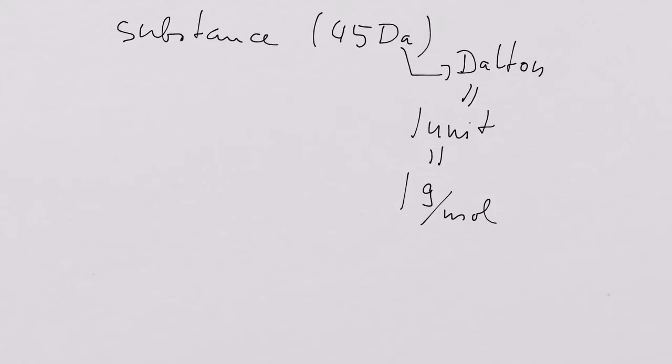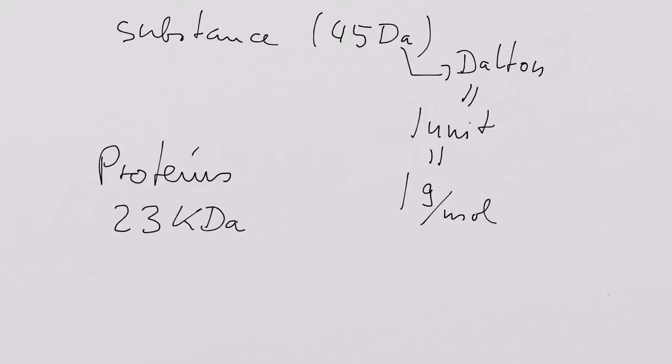But when it comes to big molecules like proteins, we will find that it's very common to indicate that this protein is, let's say, 23 kilodalton protein. You hear people saying it's a 23 kilodalton protein.